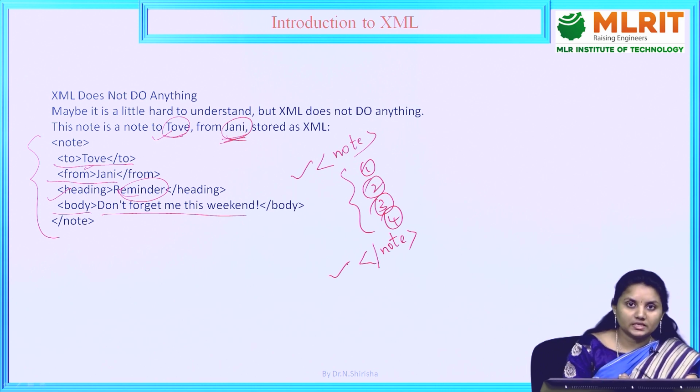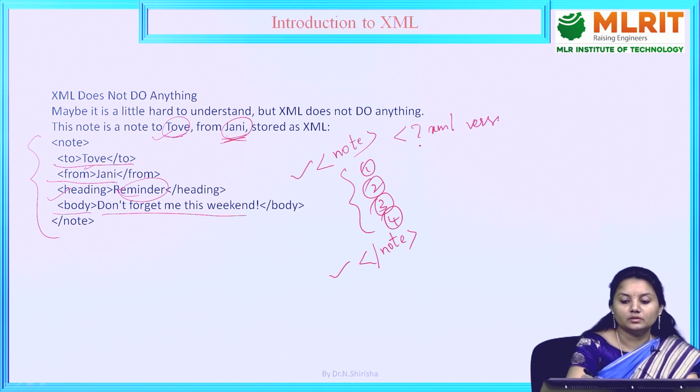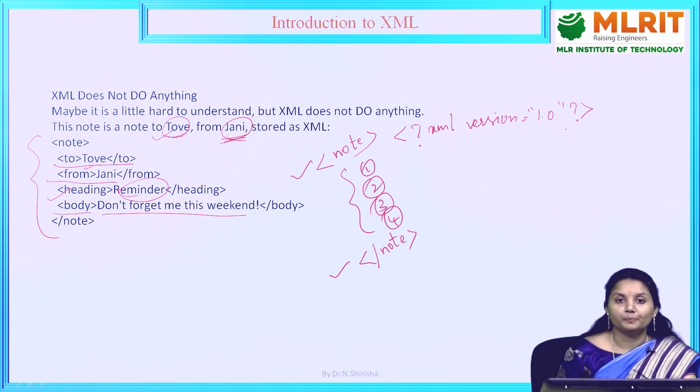For every XML, you will have a delimiter which starts with a question mark, xml, version. So, version equals 1.0, and you can also give the encoding, or you can also close it here with a question mark and closing bracket.